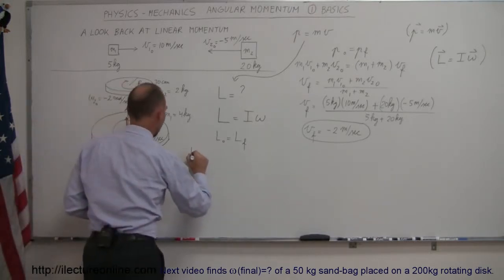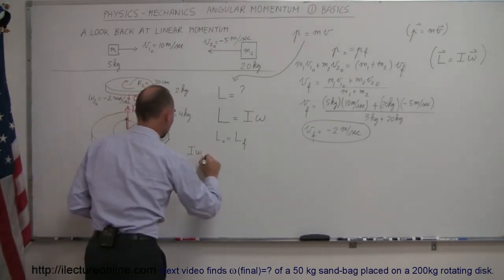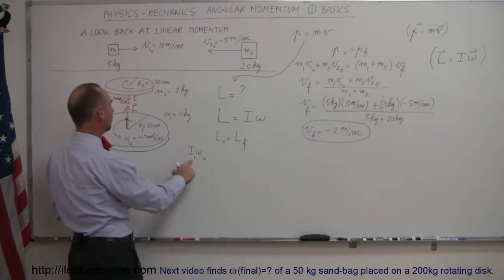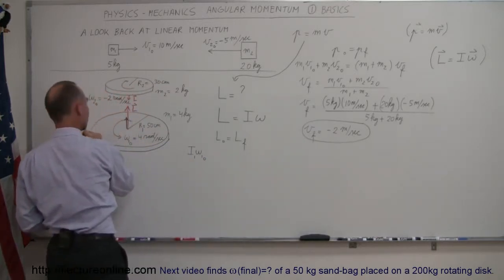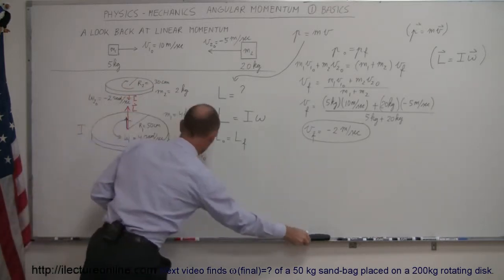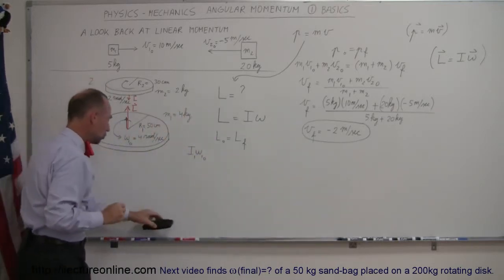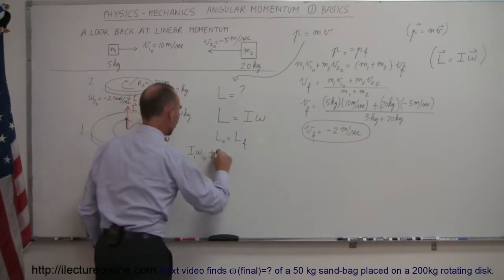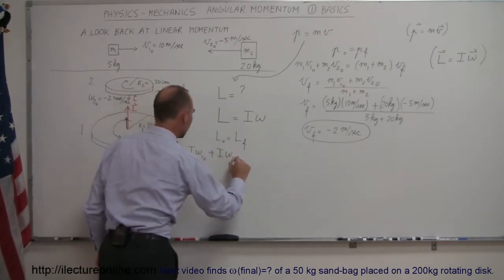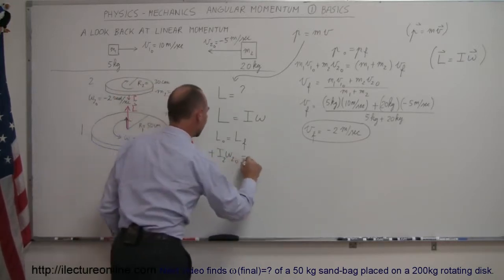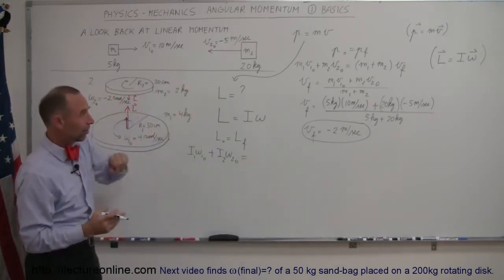So now we can say that I times omega 1 initial, this is I1. So let's call this disk 1 right here, and let's just call this disk 1 and disk 2. So plus I omega 2 initial, this is I2. And let's assume that they now stick together just like in our example there.